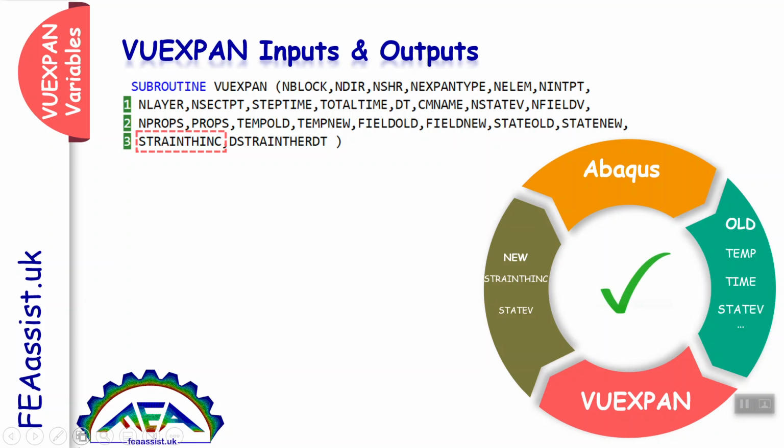For example, I explain one of the variables here, the thermal strain increment: delta L per L0 is equal to the thermal expansion coefficient multiplied by delta T. So this thermal strain needs to be defined in the VUExpand subroutine.